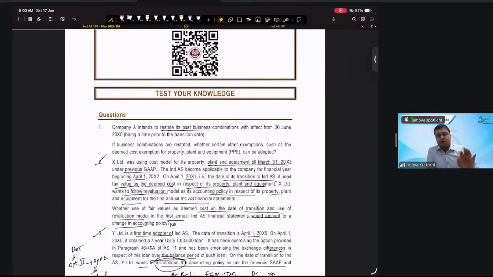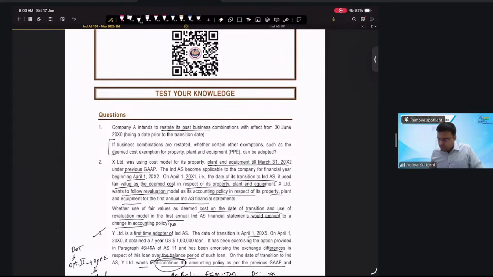Yes. Okay. Now tell me, have I taken the same values or have I restated the values? Restated. I have restated the values. Okay. Now, क्या पूछ रहा है?